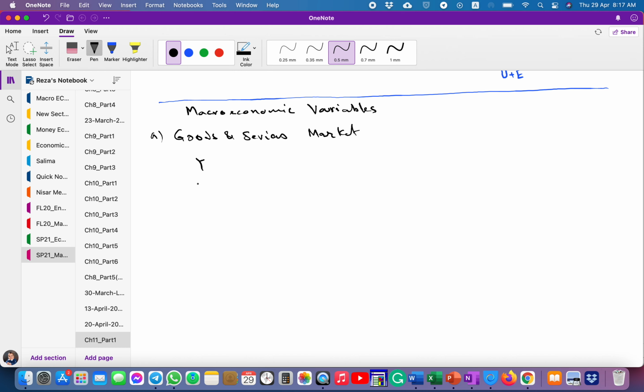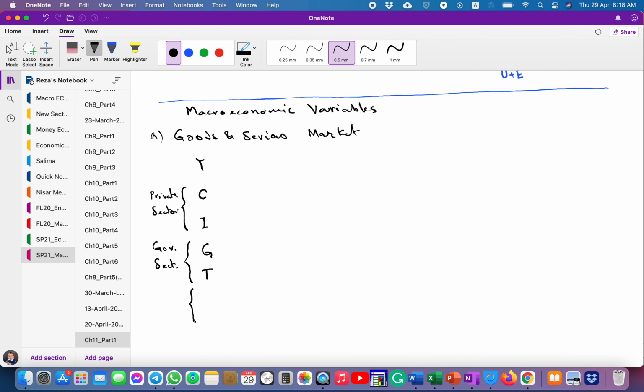So the y variable, the aggregate output, is determined inside the goods and services market, and consumption is a component of aggregate expenditure, and investment, these two as the private sector behavioral functions, and then the government sector behavioral function was government spending and tax.